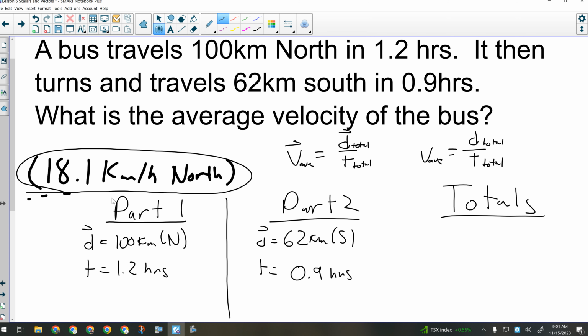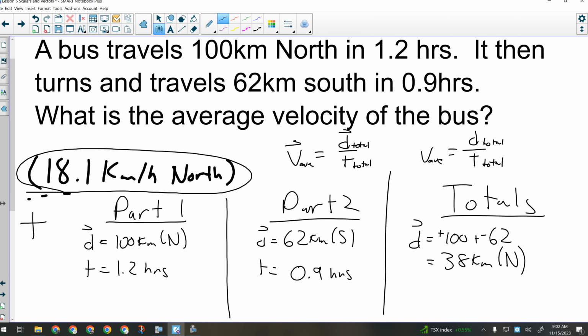Okay? So when I want to find the total displacement, I'm going to go positive 100 kilometers plus negative 62 kilometers, which is going to give me a total of 38 kilometers north. I have to remember in my head which one I made positive and which one I made negative. Just so you know, typically north is positive, east is positive, because that's how an XY scatter plot works.